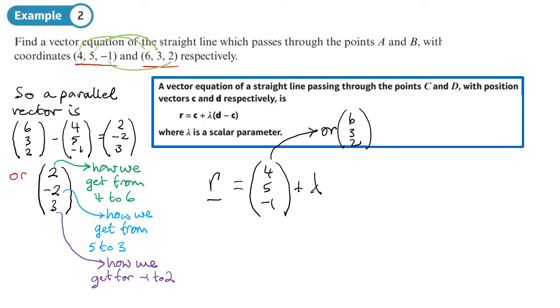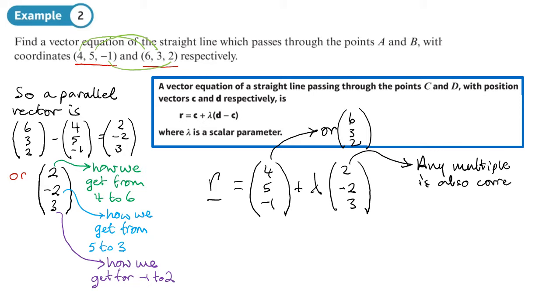Plus lambda, using lambda in this case, times this parallel vector 2, negative 2, 3. And just like before, any multiple of this is also correct.